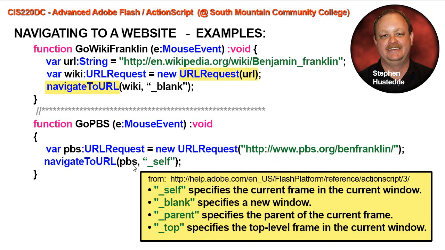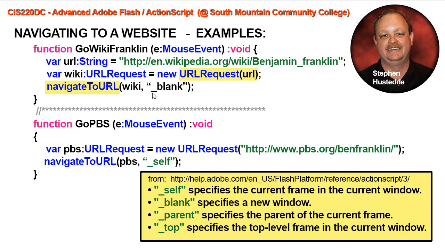And then I navigate to PBS. In this case, I'm navigating to self. It's going to go into the current window. So if I was running this on a web page, it would basically replace my current website with this one that I'm requesting at pbs.org.